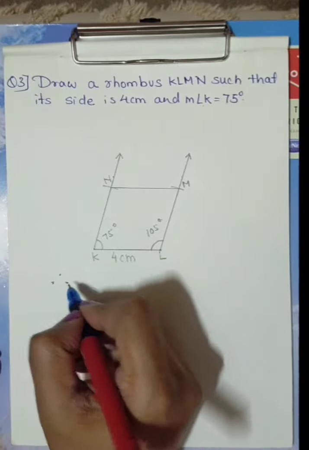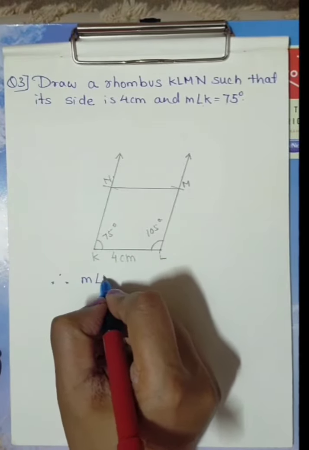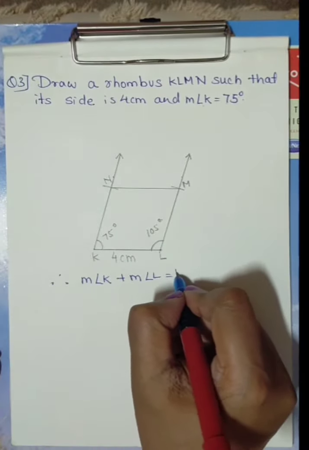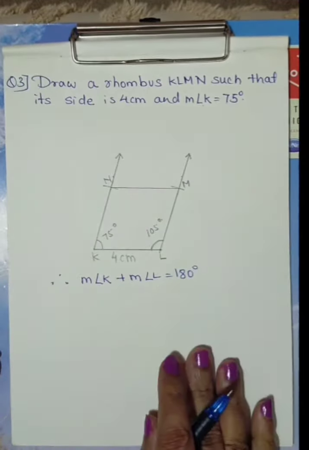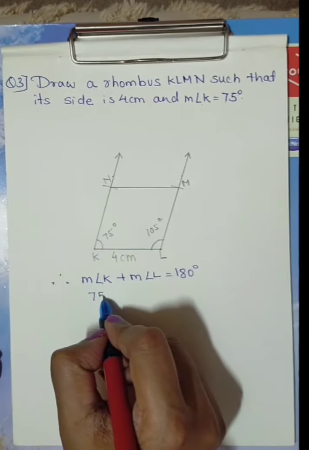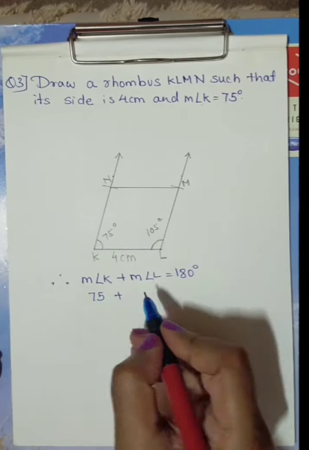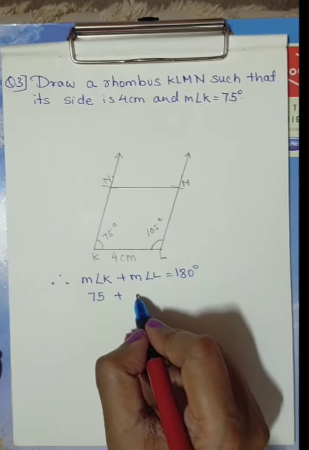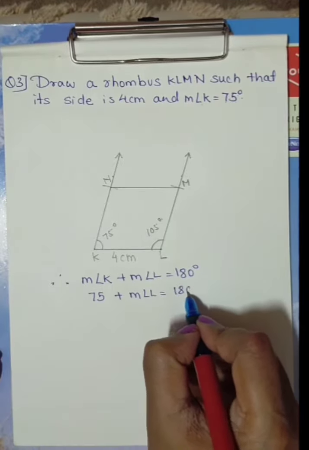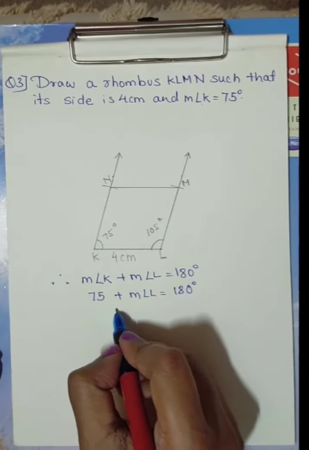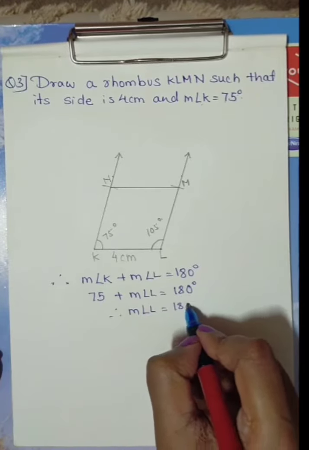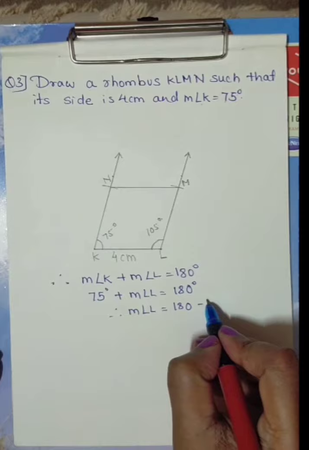Therefore, measure angle K plus measure angle L equal to 180 degree. Now measure angle K is already given as 75, plus measure angle L, which is not given, equal to 180 degree. Therefore measure angle L is equal to 180 minus 75.